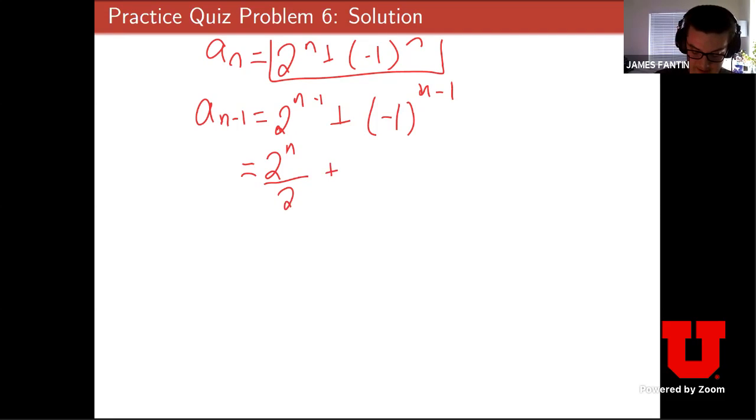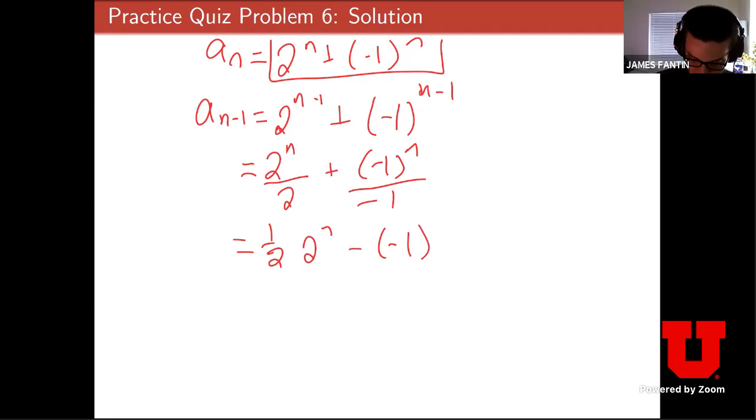And then you could do the same for this one, -1 to the n, and this would be divided by -1 because it's like you factored it out. Yeah. And then so 1/2 times 2 to the n minus -1 to the n.